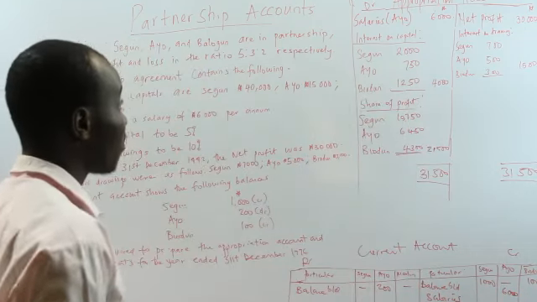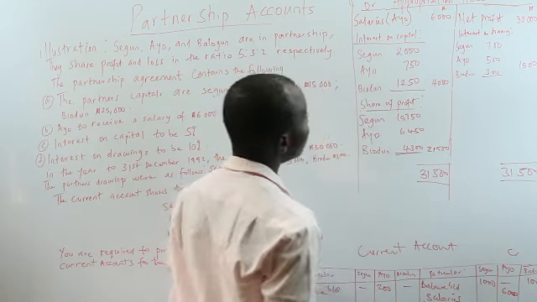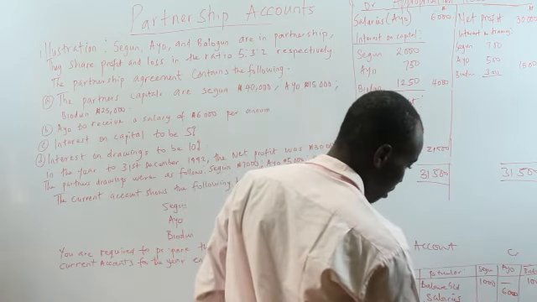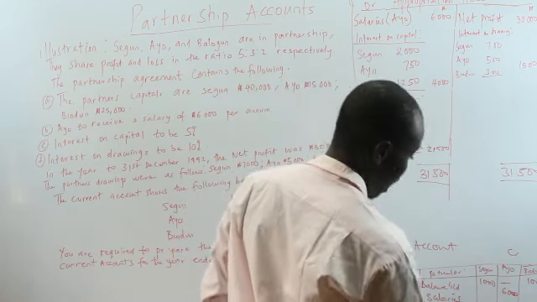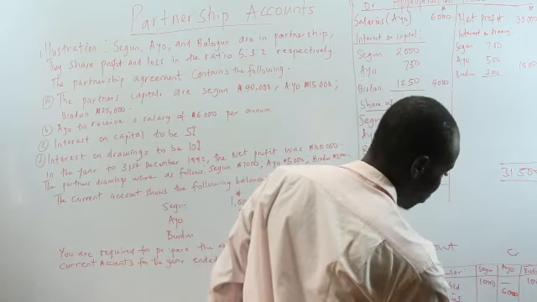So next thing we have is interest on capital. Okay, let's talk about the interest on capital, debit dates, and credit dates, following the accounting double entry principle. So we have 2,000 naira to Segun, Ayo 750, and we have Abiodun 1,250.